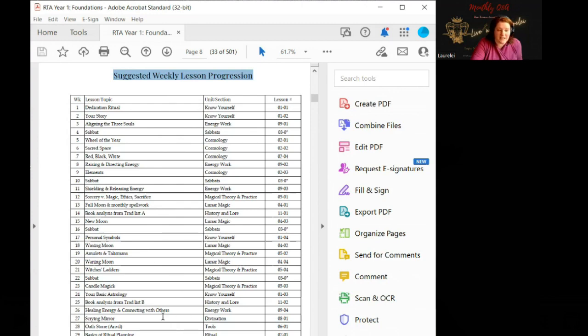If you're working just out of a PDF, you might keep that in a notebook for yourself, or you might print out this page and use it as that sort of checklist. So you know that I did the lesson, it's done, and I can move on to the next thing.